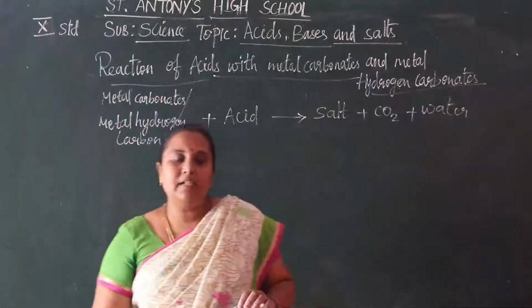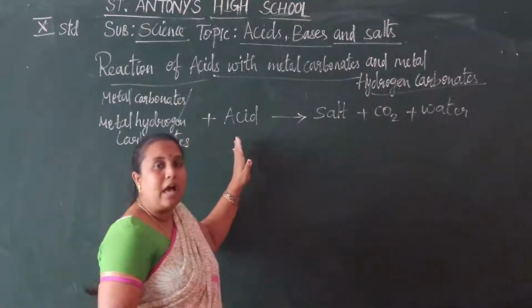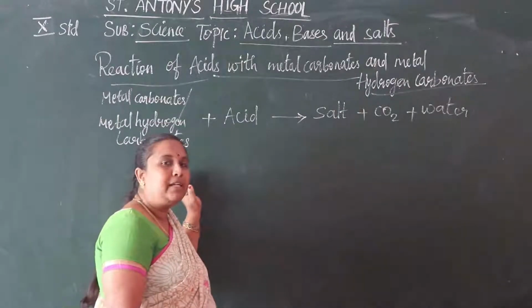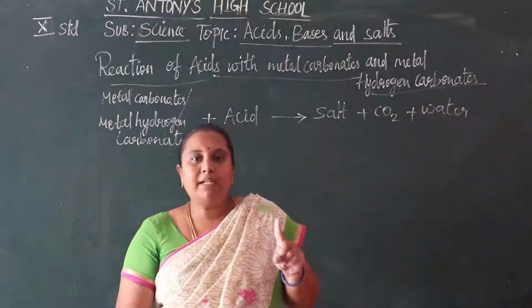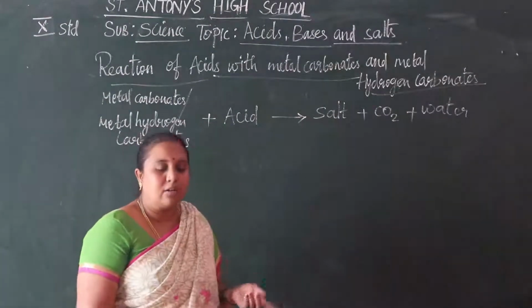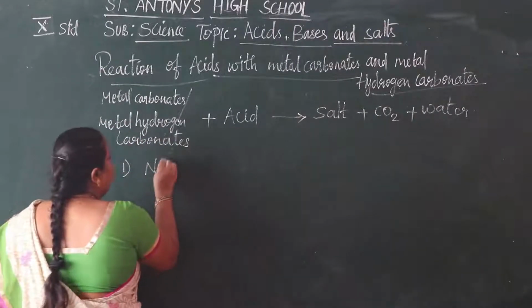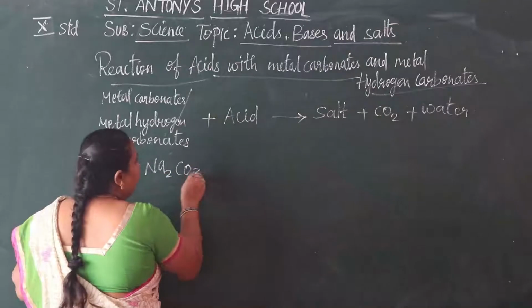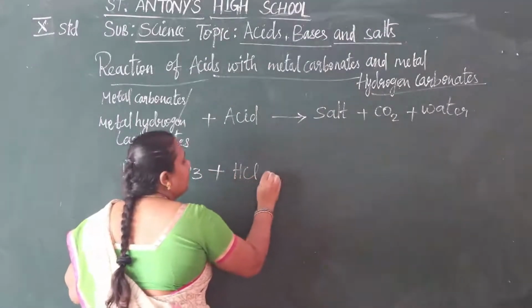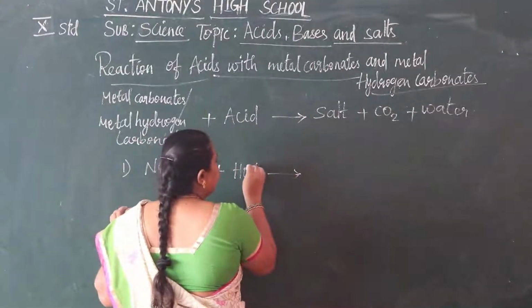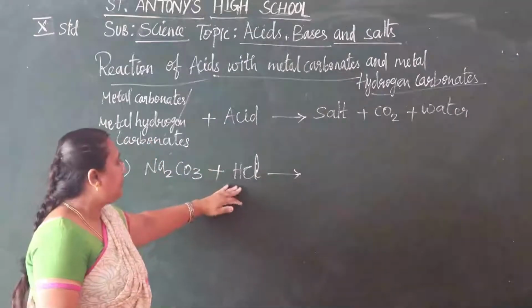Let us see one example: acid, hydrochloric acid, plus metal carbonate, with one example for metal carbonate and one for metal hydrogen carbonate. The metal carbonate is sodium carbonate, Na2CO3, plus hydrochloric acid.